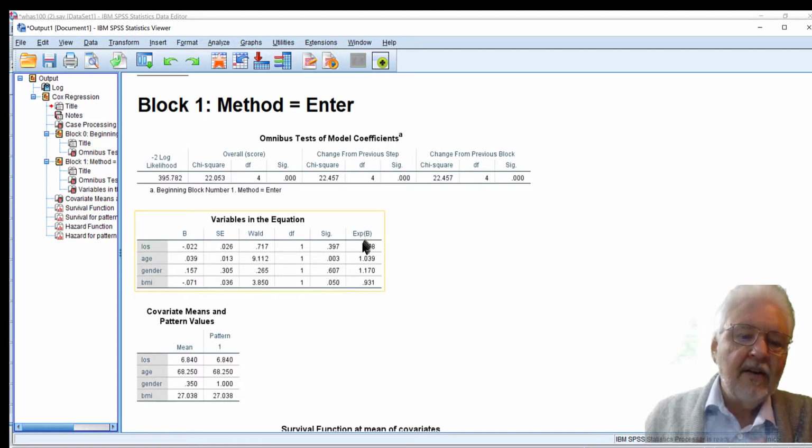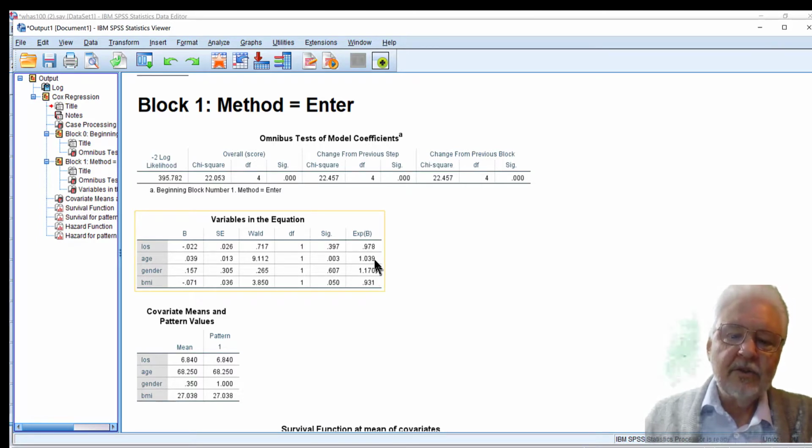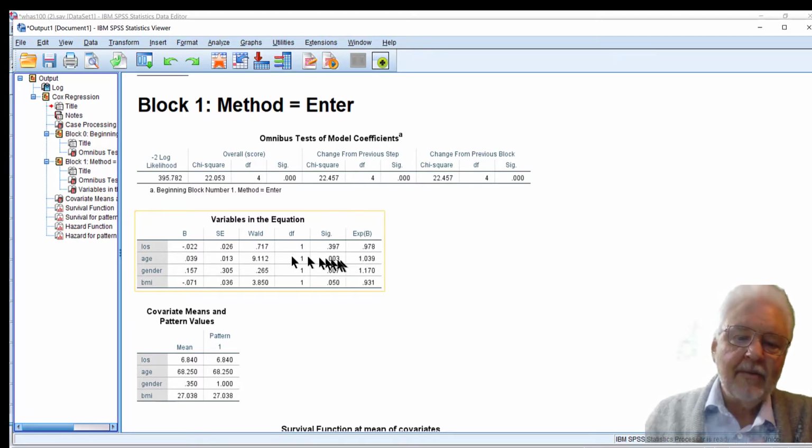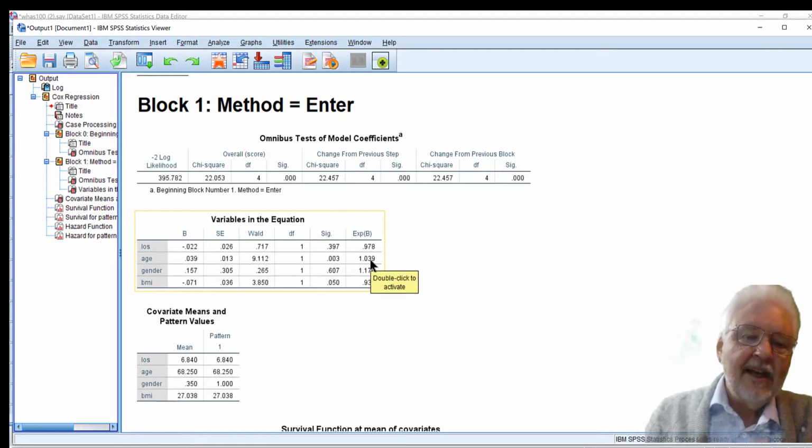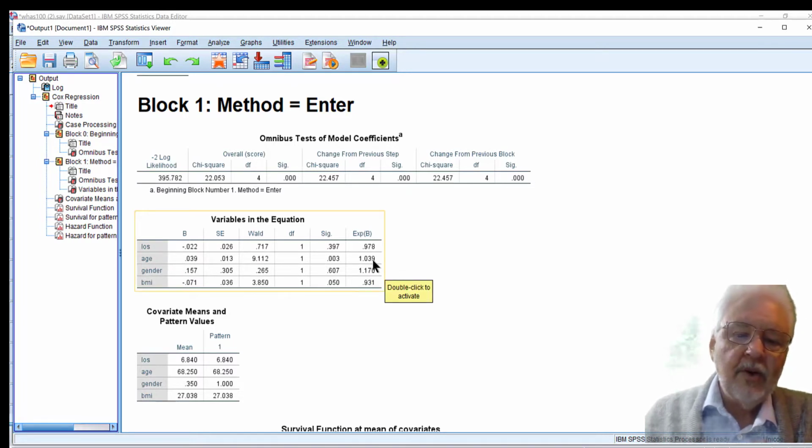And age, now you'll notice, where 1 is no difference, 1.039 is close to the smallest value of increase over 1, but the most important, and that's because for every year you get older, you increase your risk of dying by almost 4%.